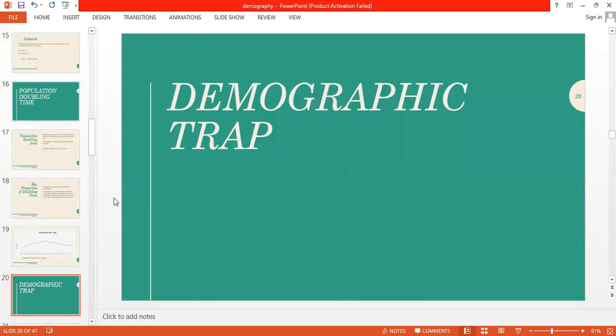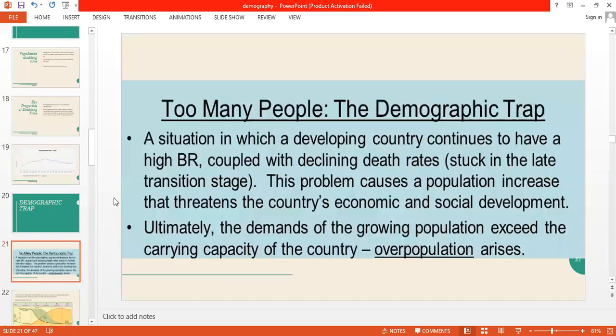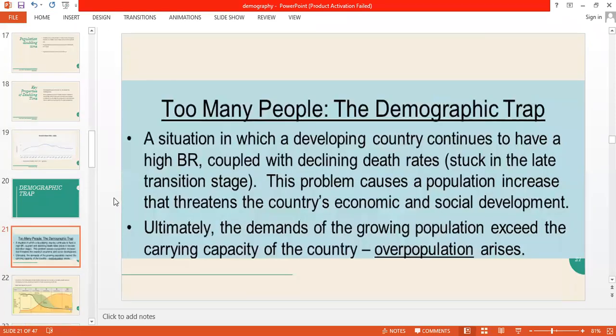Now we discuss the demographic trap, a situation in which a developing country continues to have a high birth rate coupled with a declining death rate, stuck in the late transition stage. This problem causes a population increase and threatens the country's economy and social development.